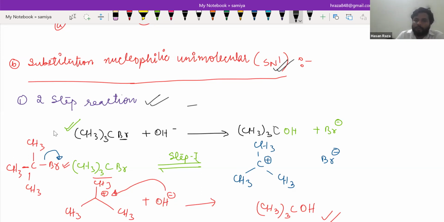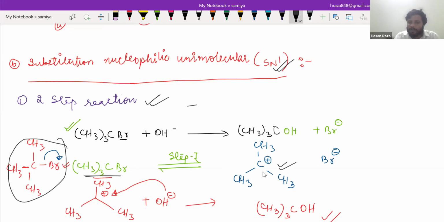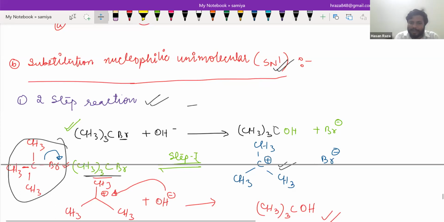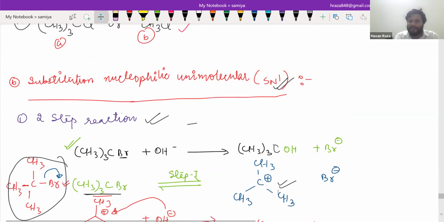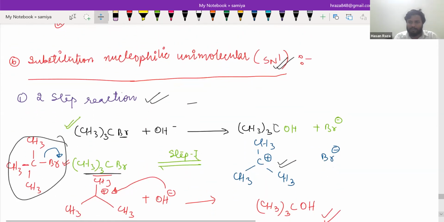In the first step there will be formation of carbocation. This Br will take electron from carbon, so there will be carbocation formation. And in the second step there will be attack of nucleophile. First write it, then I will explain it again.